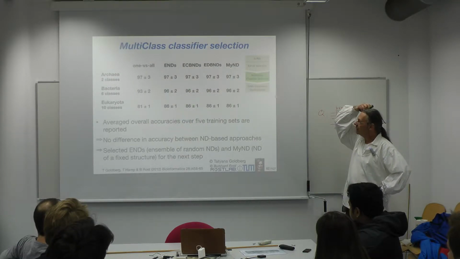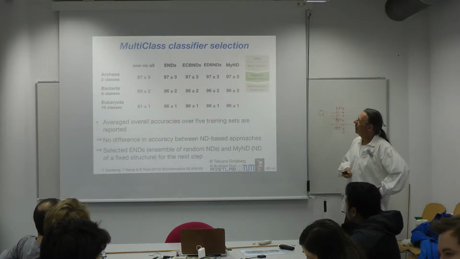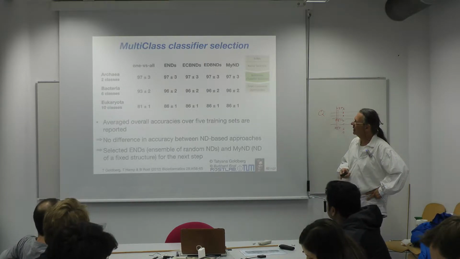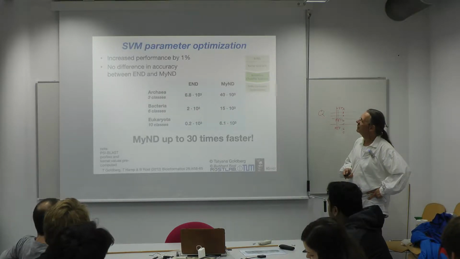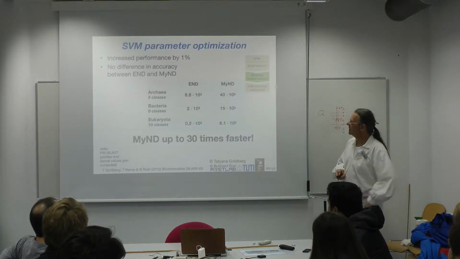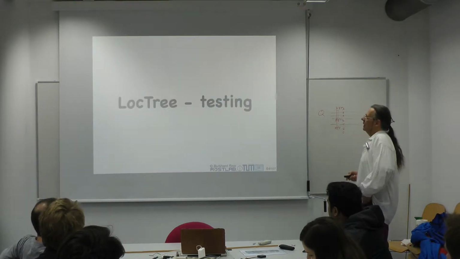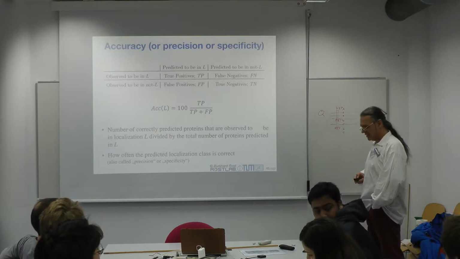And here are the performance estimates averaged over 5 different training sets. I believe we should just zip forward. Then there is a parameter optimization. Let's just go into the testing.